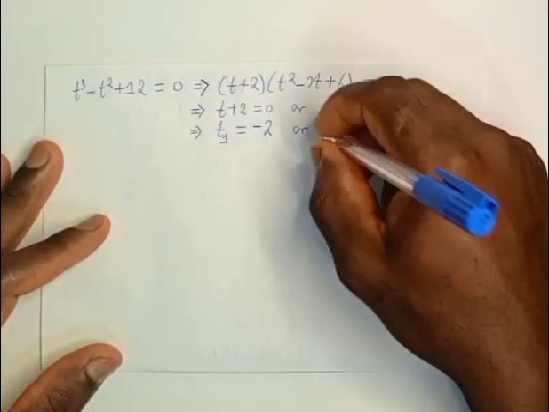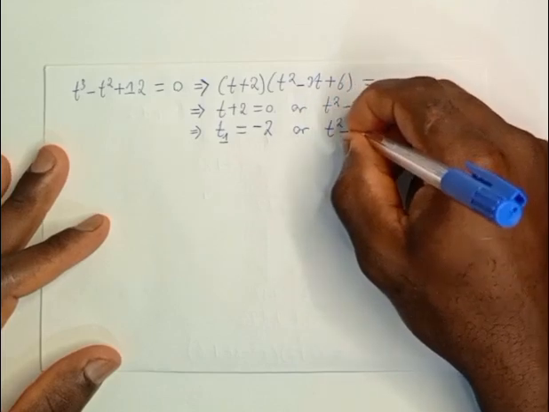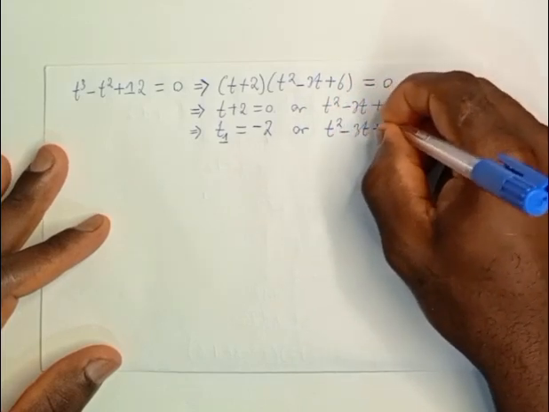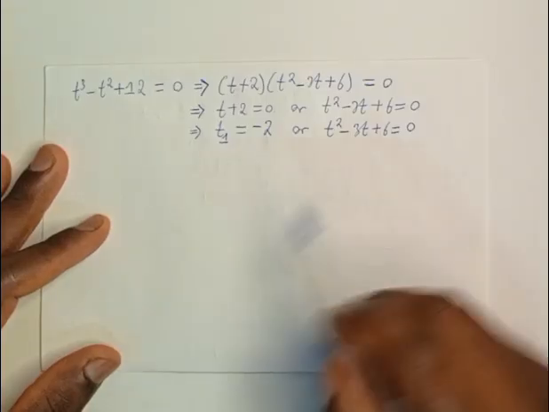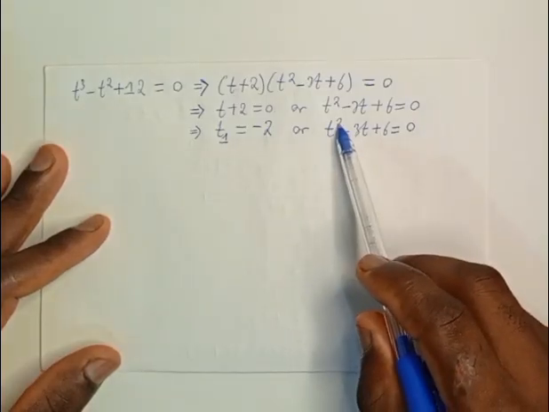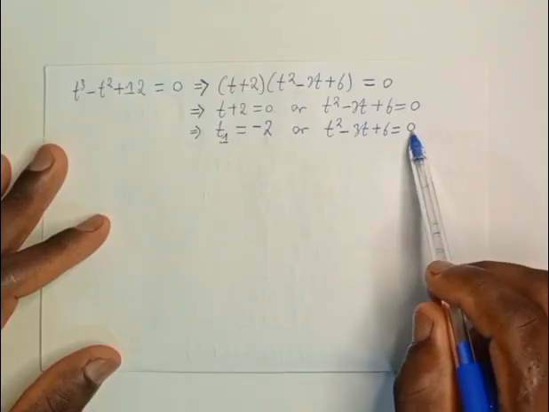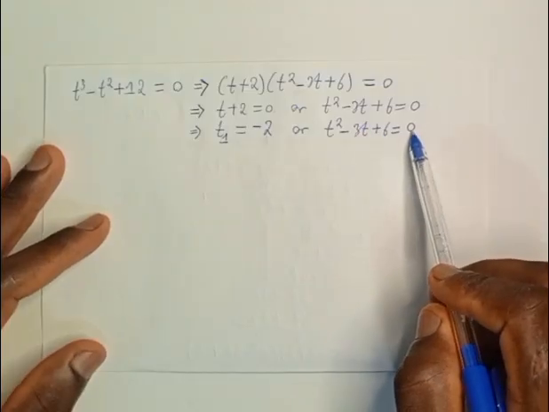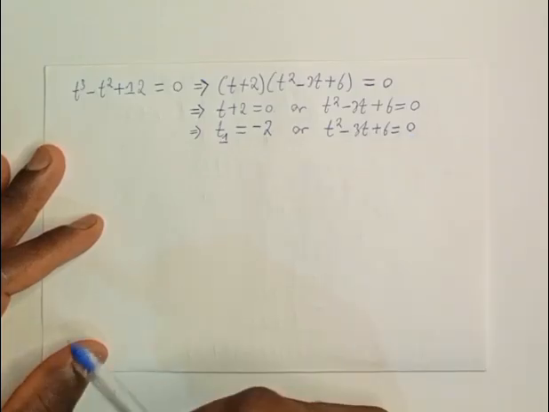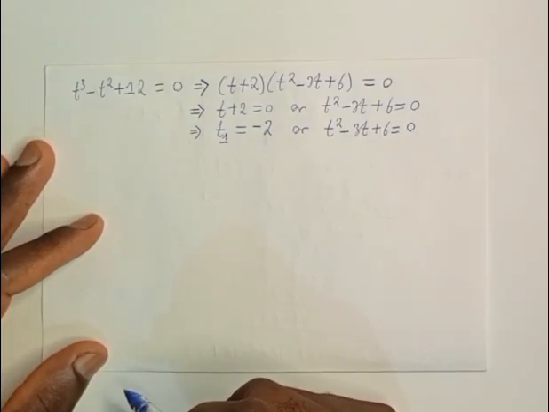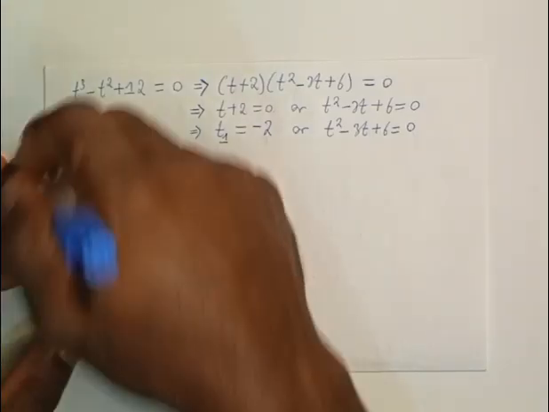Or next we have to solve this quadratic equation to get the two other solutions, that is for t2 and t3. You will see that this quadratic equation, t squared minus 3t plus 6 equal to 0, cannot be solved by the method of factorization. In this case, we are going to make use of the quadratic formula so that we can easily solve for t.